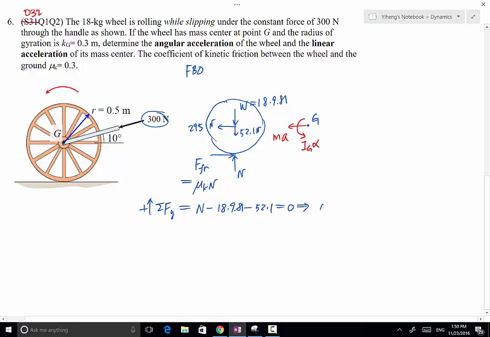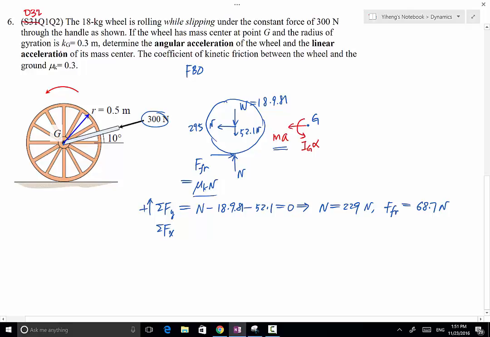From there, we can solve for the normal force, which is 229 Newton. And don't forget, we know for sure the friction is kinetic friction. Therefore, we can solve for the frictional force as well. That equals 0.3 times the normal force, and that is 68.7 Newton.